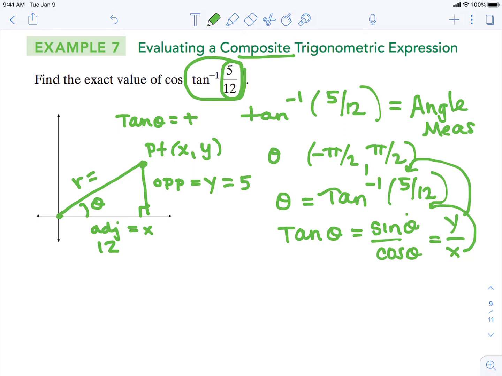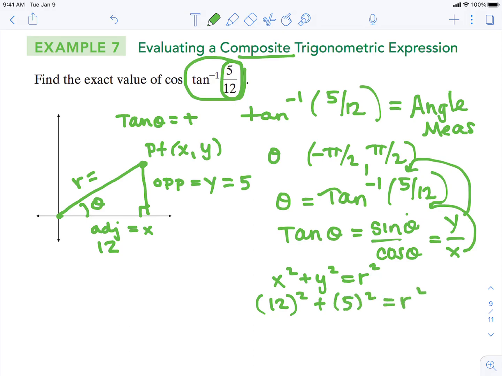Now we're going to find that missing third side of the triangle, r. So we're going to use the Pythagorean theorem. x squared plus y squared equals r squared. Now we sub in. The x is 12 and the y is 5.